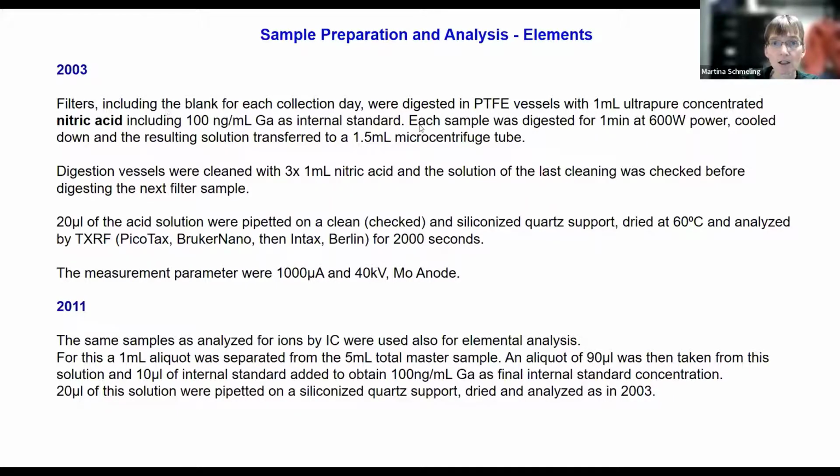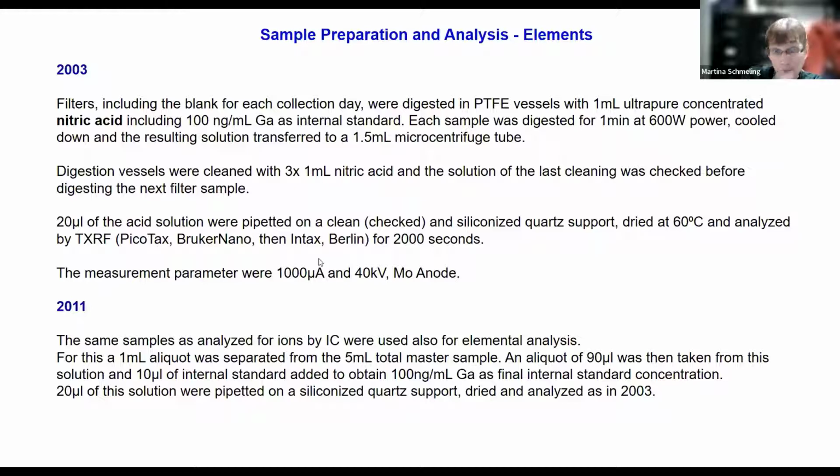We digested the filters in a PTFE vessel, microwave-assisted, with 1 milliliter ultra pure concentrated nitric acid, and we added 100 ppb gallium as an internal standard. The samples were digested for 1 minute at 600 watt power. They were cooled down, and then we put them into microcentrifuge tubes. The digestion vessels were cleaned between each cycle, and they were also checked before the next filter samples to avoid memory effects.